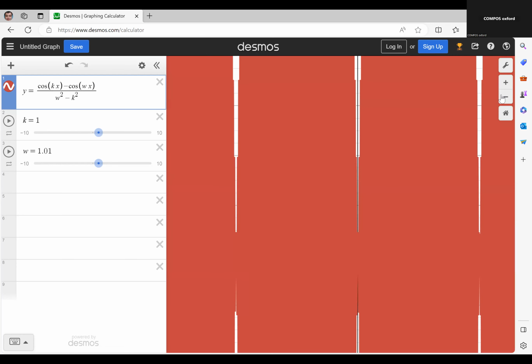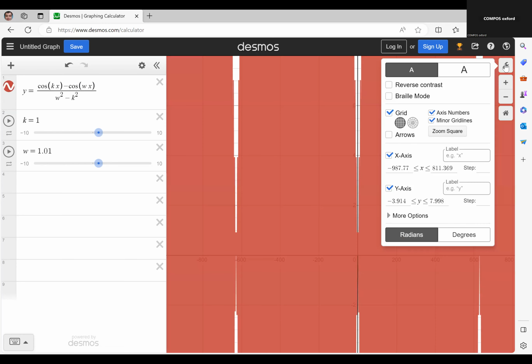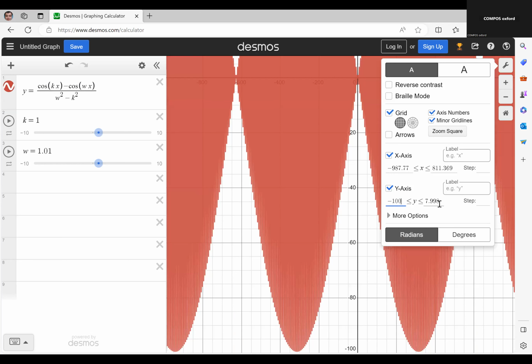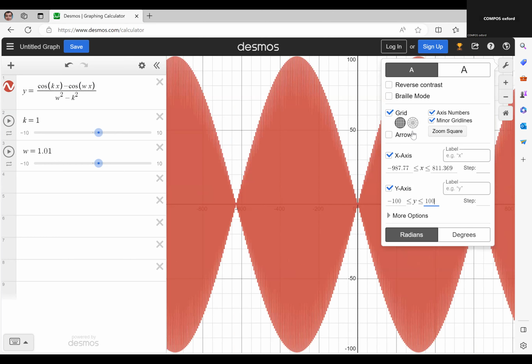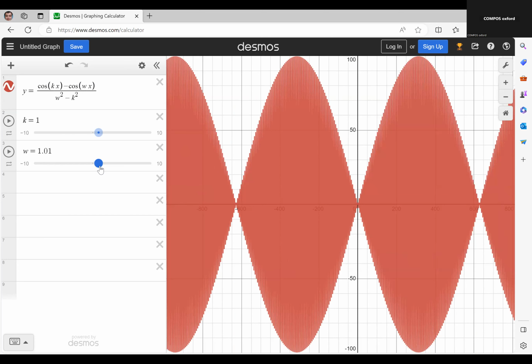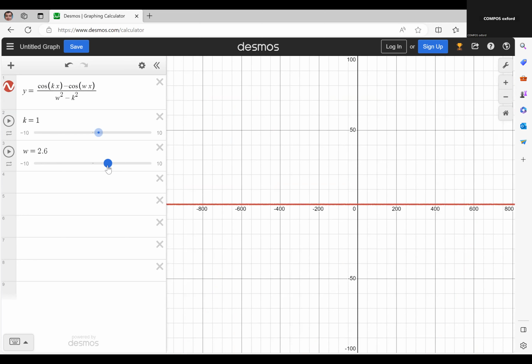And now I do need to change the y scale. What I can see here is that when k and omega are very close, I get very large oscillations. As k and omega become different, the oscillations are small.